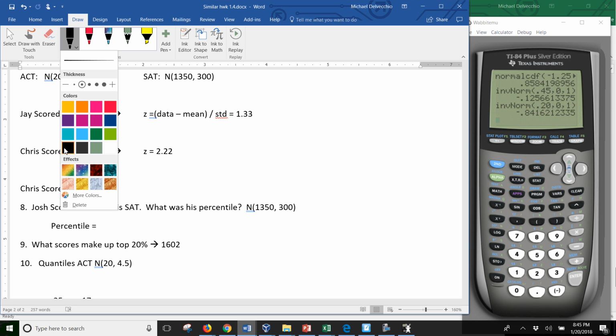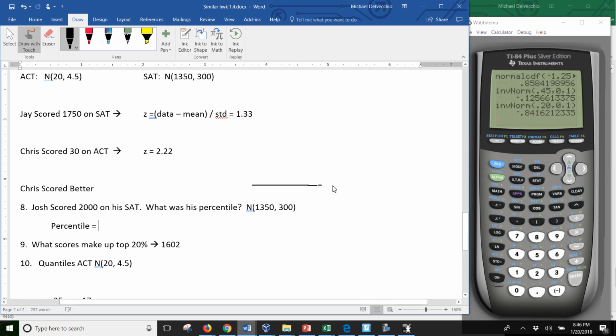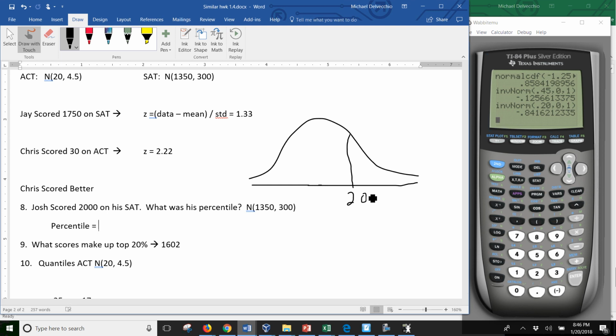Okay. So we have this normal distribution, and Josh scored 2,000. It's above average. The percentile is the area to the left, right? So what we're really looking for is this area. And we have our mean and our standard deviation right here.